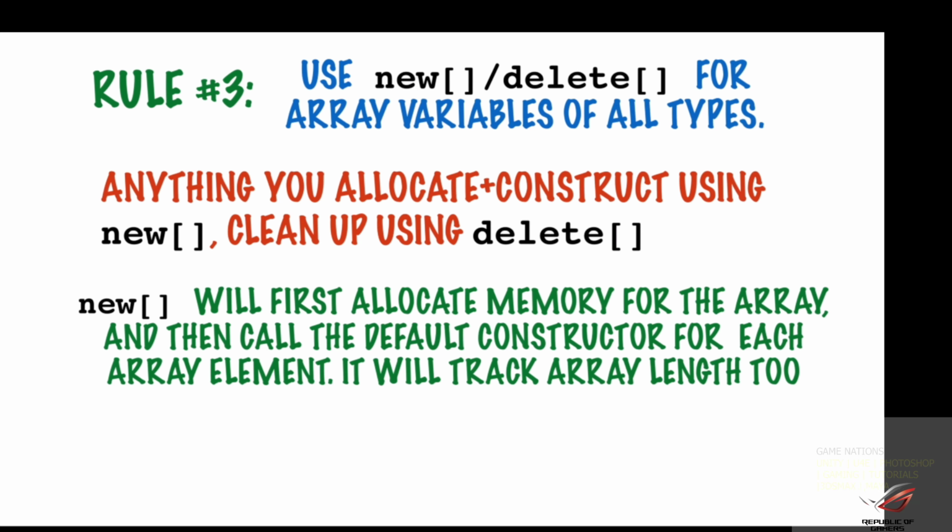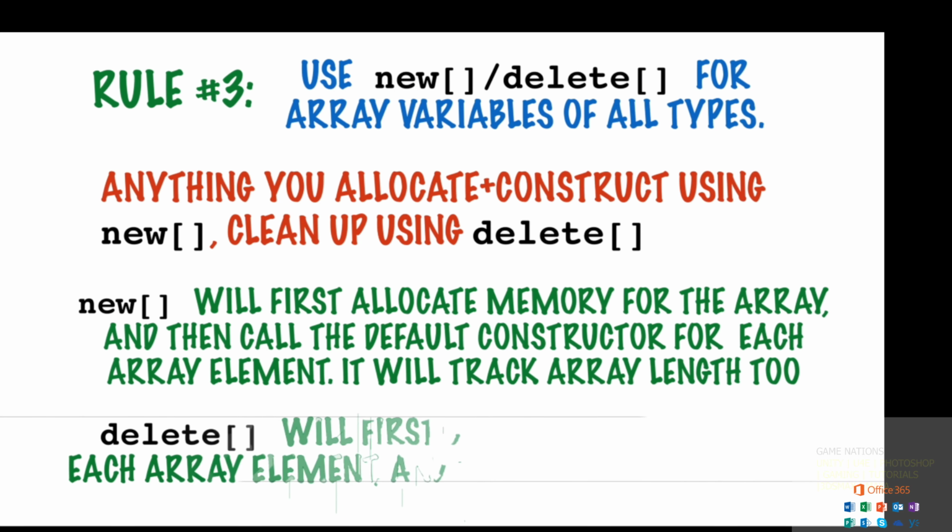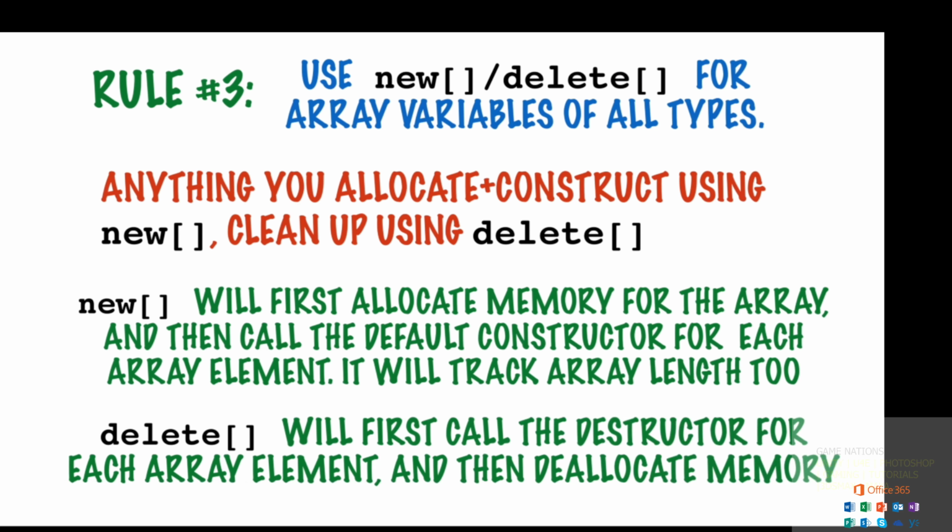Then it will go to every element in the array for which the memory has been allocated and call the default constructor for each array element. It will also track the array length. So it knows how long the array is and it knows how many elements it has to construct. That was the order of new with square brackets.